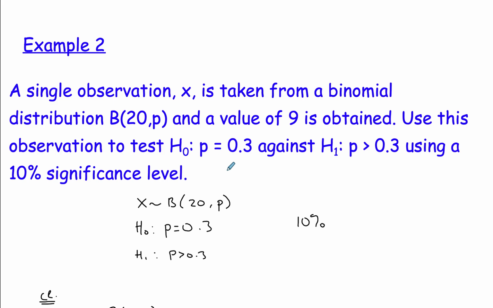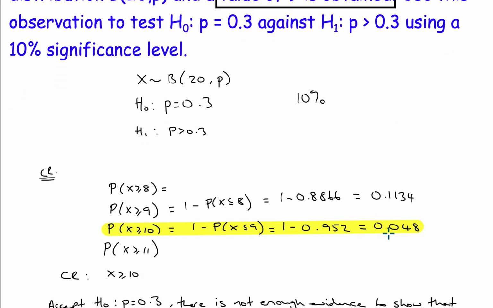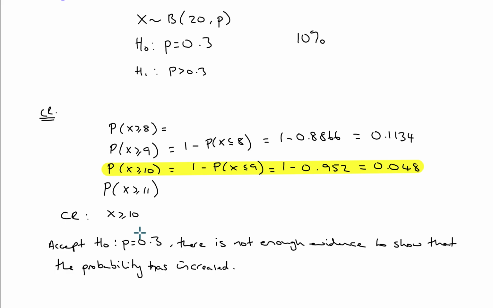We find it anyway in our method, but the other thing to look for is a value being obtained. So we've got that happening here. A value of 9 is obtained, and that tells us that we need to not only find the critical region, but compare our value to that critical region and draw a conclusion. Okay, so you should now be able to have a bit of confidence working through exercise 7C from the textbook.